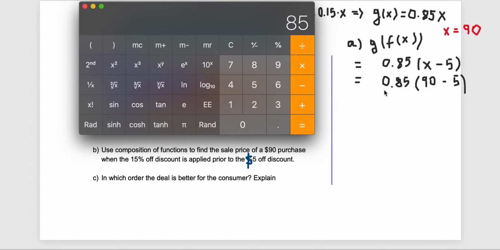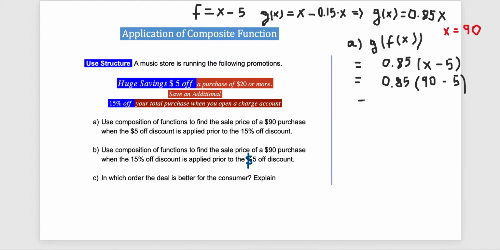We multiply 85 by 0.85 and we get 72.25.